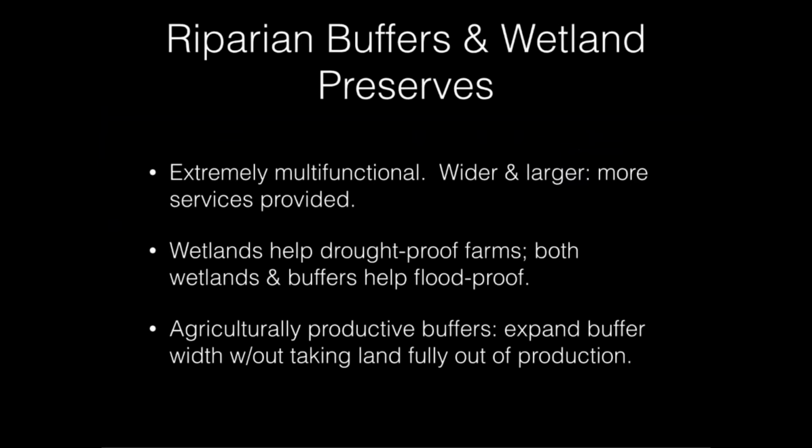So in Vermont, a really good solution for some of the anticipated floods and weather events is to think about things that are, once again, regenerative, so multifunctional, and that provide bigger and more services. A lot of this is looking at riparian buffers and wetland preserves, places where you can sink in slow water, and having those as more and more common practices within the agricultural system in Vermont.